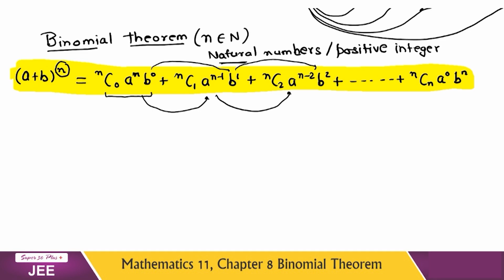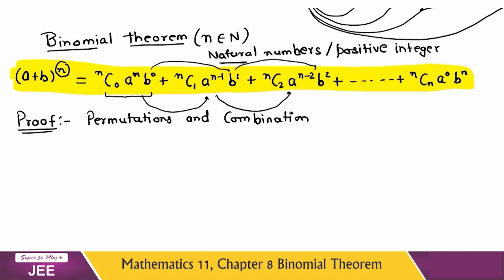So now, before taking any illustration or example, let us first understand its proof, and we will be proving it with the help of permutations and combinations. Alright, if you pay attention, it will be easier for you to prove this theorem that way. Let us see (a + b) whole raised to the power n.